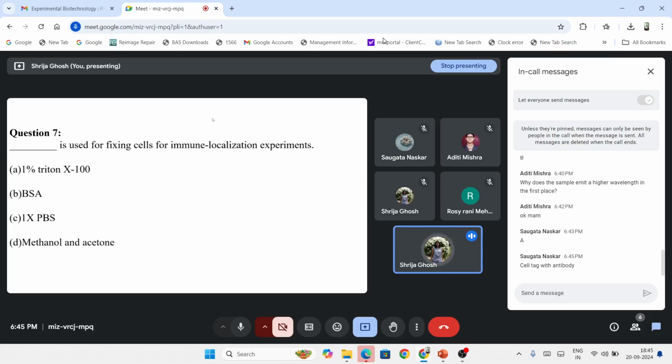So I need to fix that person first in a particular position, ask him or her to pose, and then I'll click a photo. Same thing, I have to fix the cells so that they are not moving here and there. The things inside the cell are not moving, and then I can take a picture of that. So for that purpose, we fix the cell.